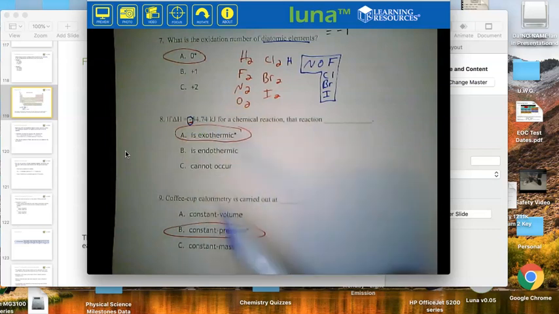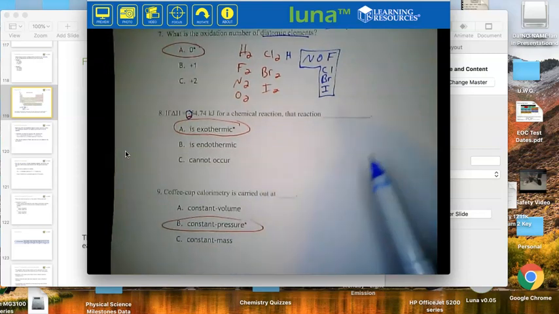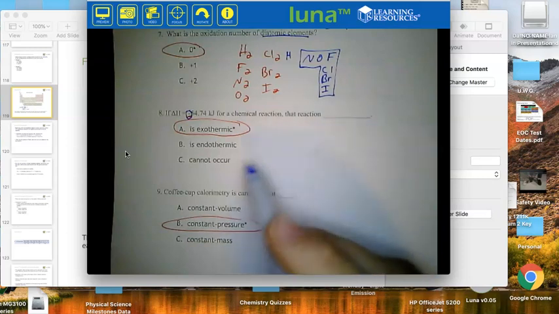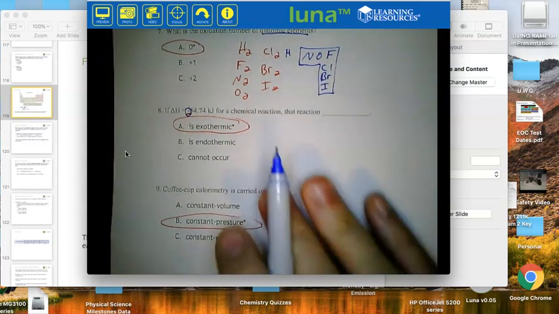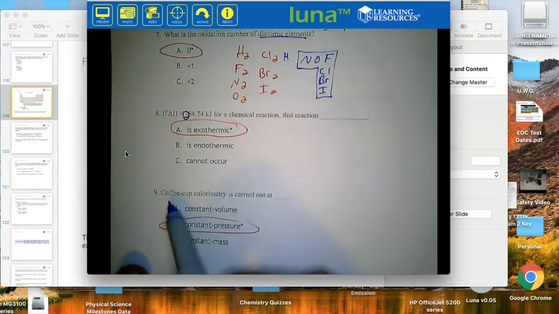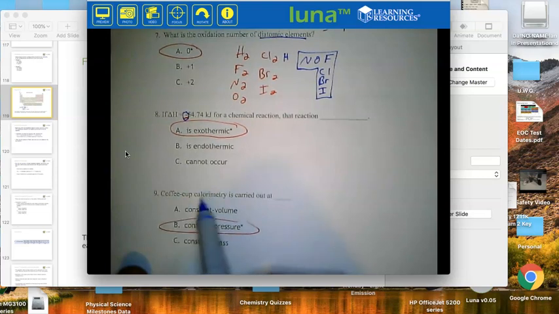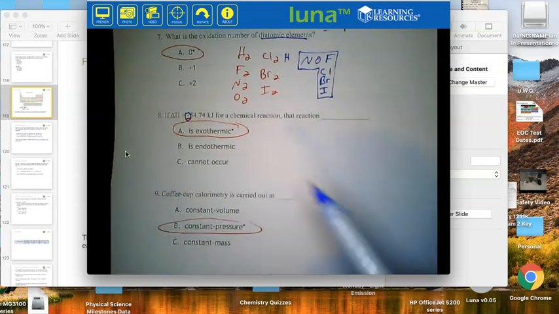If it's negative, it's exo. So that's just something to remember. And you're going to be using this again next semester if you have to take chemistry, so keep that in mind. It's something you have to memorize for 2 semesters.